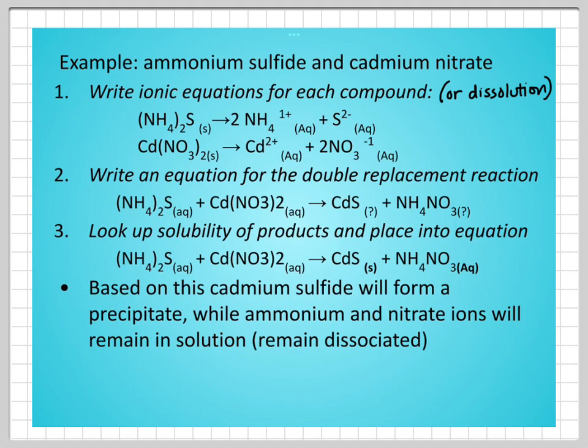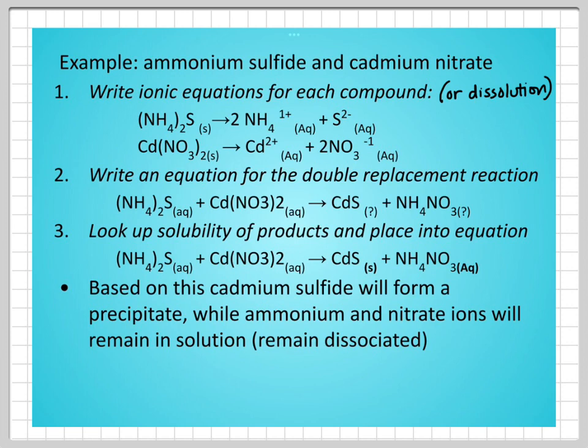Excellent. Now I'm going to write an equation as though a double replacement reaction will occur. So I've got ammonium sulfide in aqueous solution plus cadmium nitrate, also in aqueous solution, yields cadmium sulfide, question mark on the state information, and ammonium nitrate, also question mark on the state information because I don't have that yet.